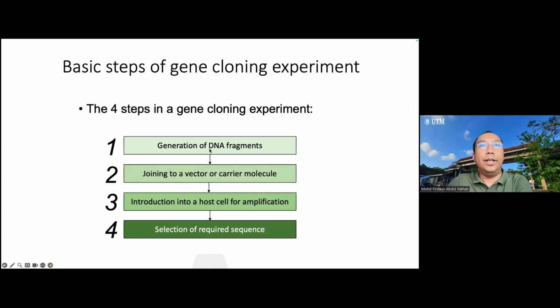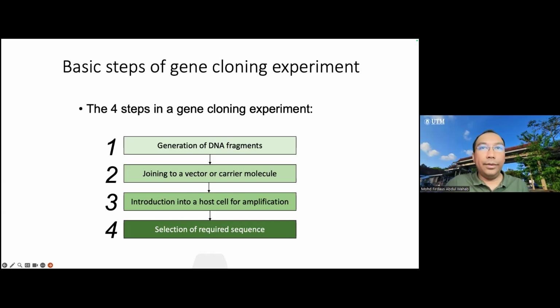Firstly is the generation of DNA fragments, and after that, we can join the DNA fragments that we generate to a vector or a carrier molecule, and then the carrier molecule with the gene can be introduced into a host cell for amplification. And finally, after we introduce it into the host cell, we need to know how to select whether the sequence is actually present in the host cell or not.